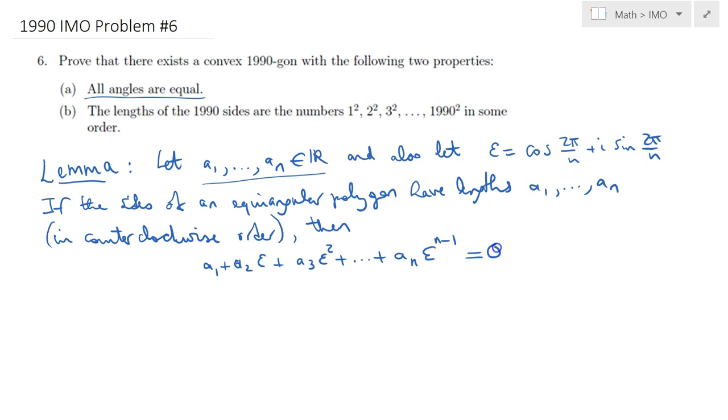This sum happens to be equal to 0, and we would like to prove that.